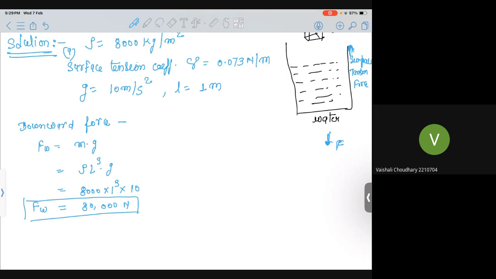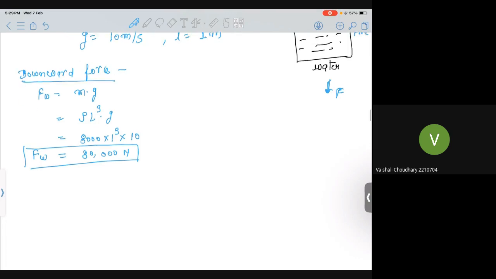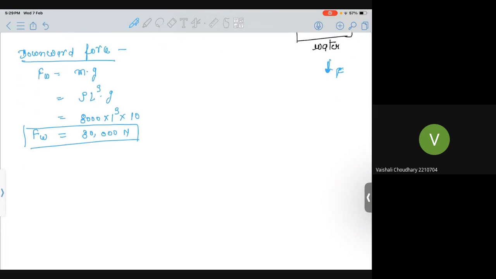Similarly, we'll calculate the upward force or surface tension force.